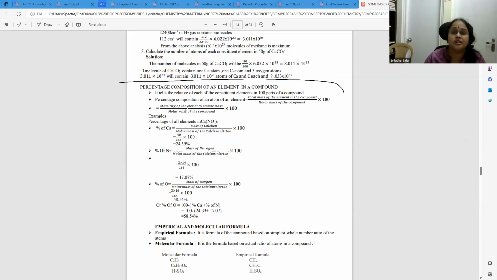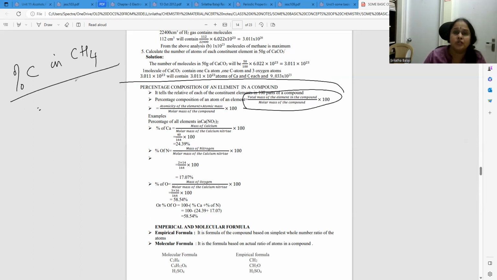Percentage composition is given as mass of the element in the compound by molar mass into 100. Suppose I want the percentage of carbon in methane. What is the atomic mass of carbon? 12 divided by the molar mass of methane, 16, into 100. How much is it?